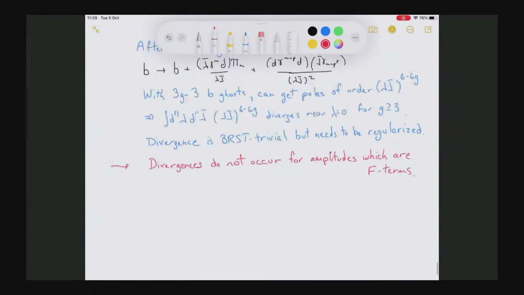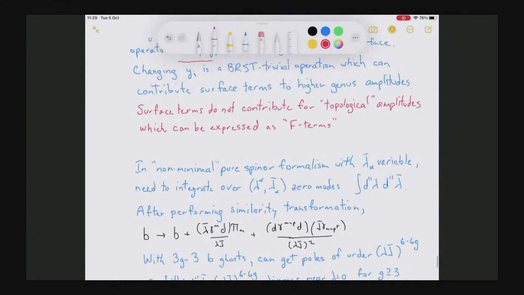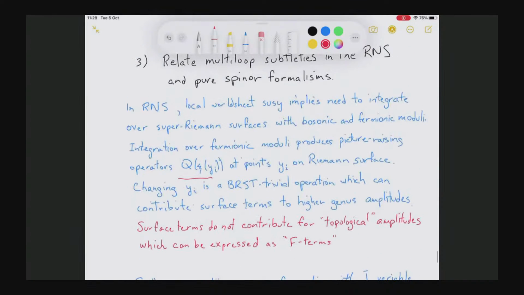So I was wondering, given that you can relate the RNS formalism to the superspace pure spinor formalism, whether there's a way to see something like that in the other part, in the other business.